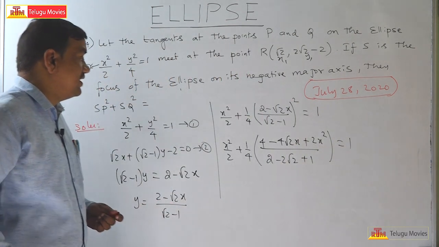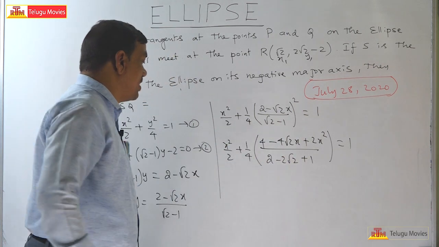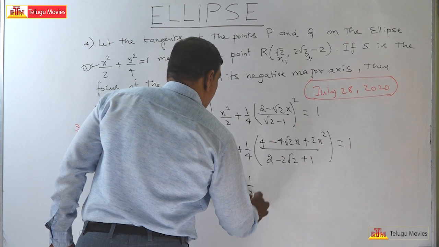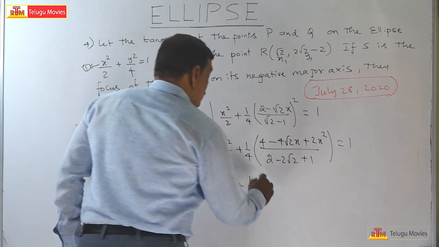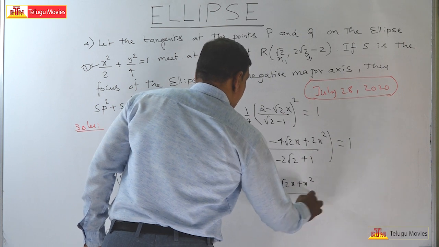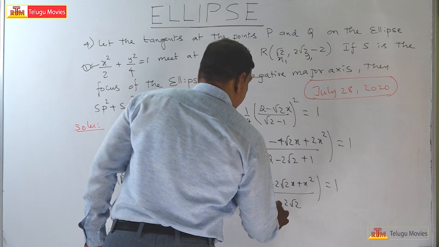In the numerator we can take 2 common outside, so x square by 2 plus 1 by 2, you can cancel here. So this is (2 minus 2 root 2x plus x square) upon (3 minus 2 root 2) is equal to 1.